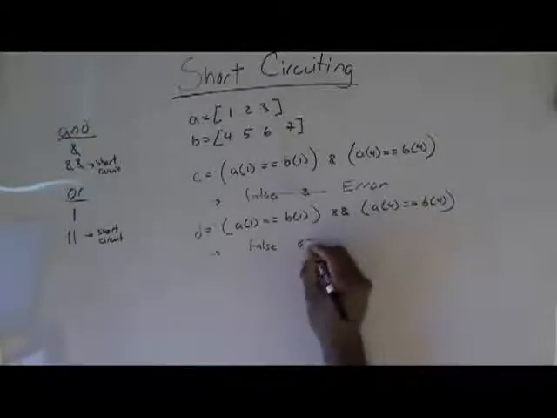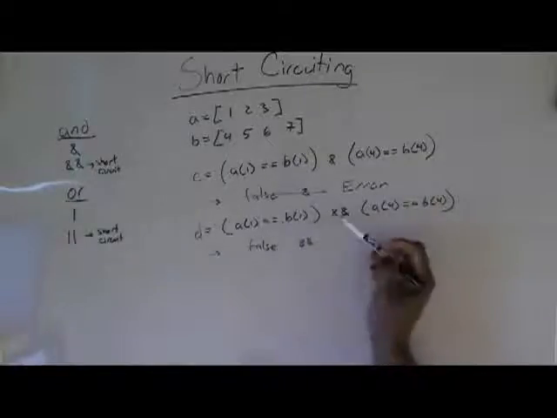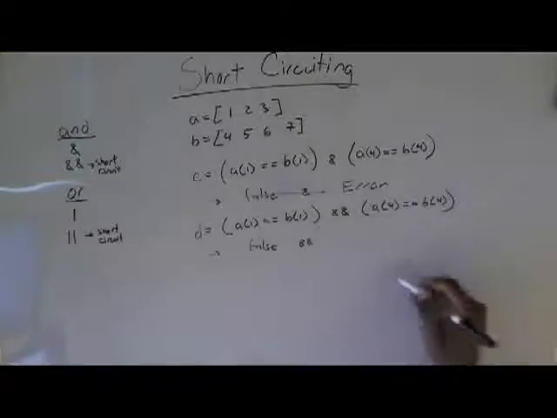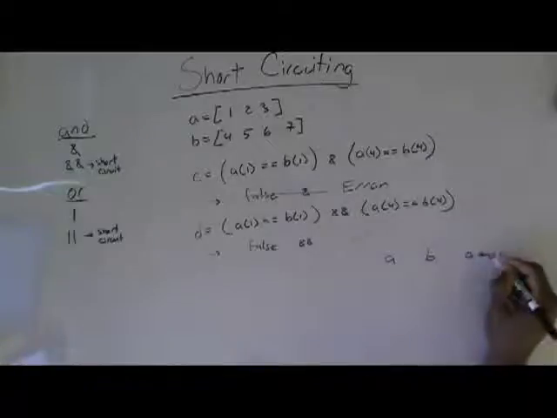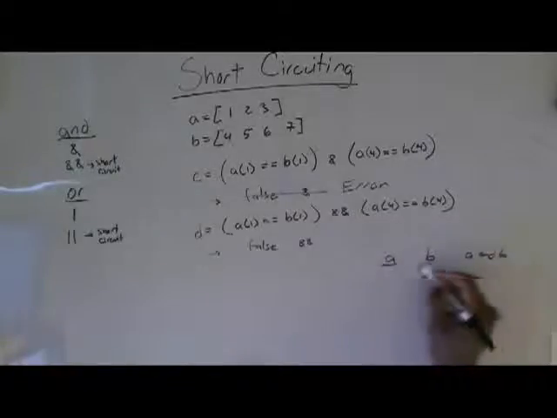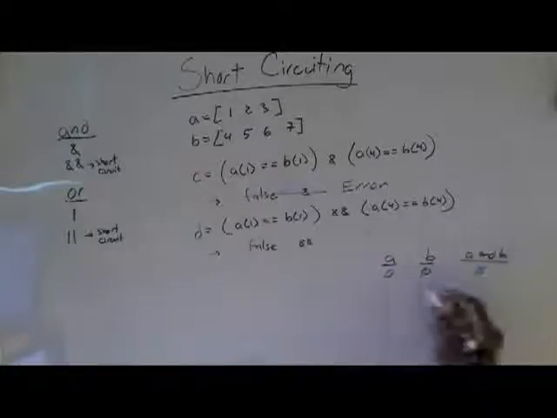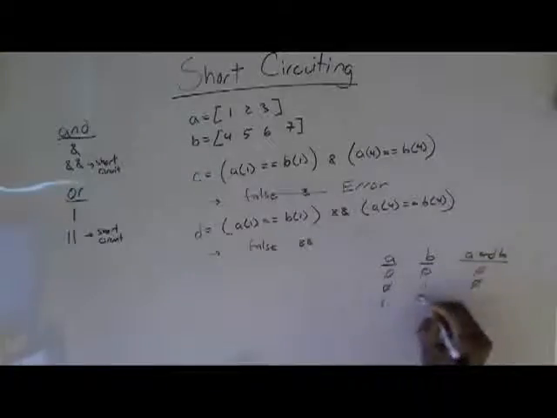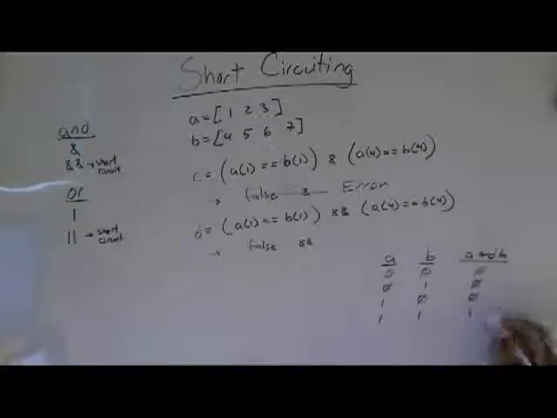By putting the short circuit there, what it says is, well, this is an and statement. And the way an and statement works, remembering the truth table, and I'll write it again over here: false, false equals false. False, true equals false. True, false equals false. And true, true equals true.